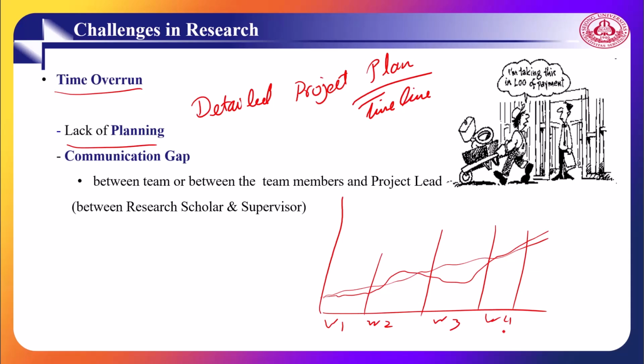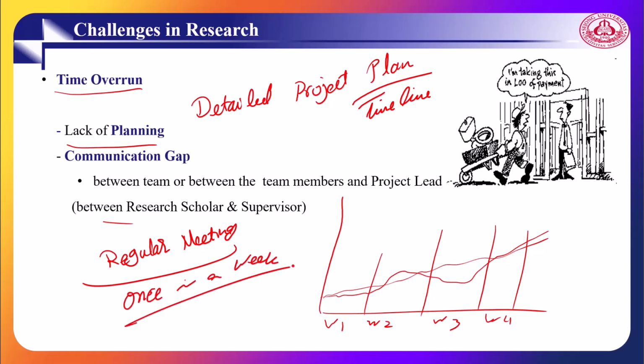It's a problem. A communication gap can delay decision making and lead to project inefficiencies. So how to overcome this problem? We may establish clear communication channels and protocols, and schedule regular meetings, once a week at least.